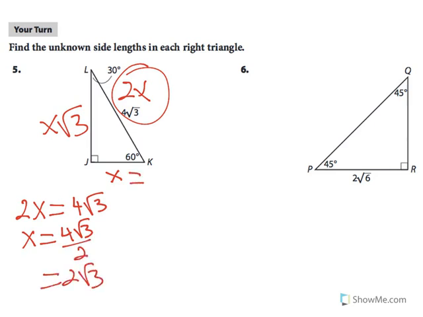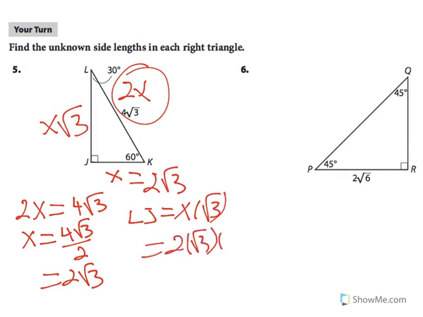And LJ is equal to x times radical 3, which gives us 2 radical 3 times radical 3, which gives us 2 times 3, equal to 6.